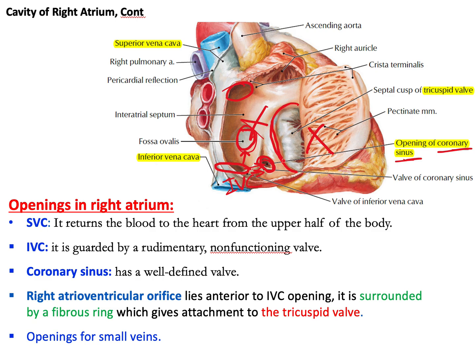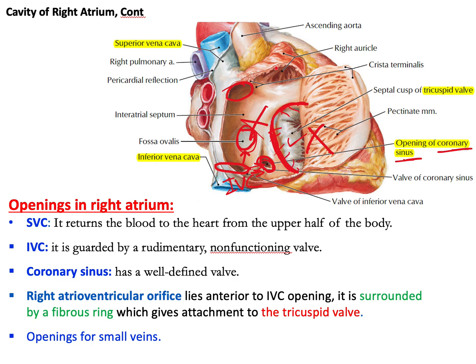This is the atrioventricular orifice that's guarded by a fibrous ring. This fibrous ring, just to know, is known as the tendon of Todaro. It gives the attachment to the tricuspid valve. So the tricuspid valve is attached to it.